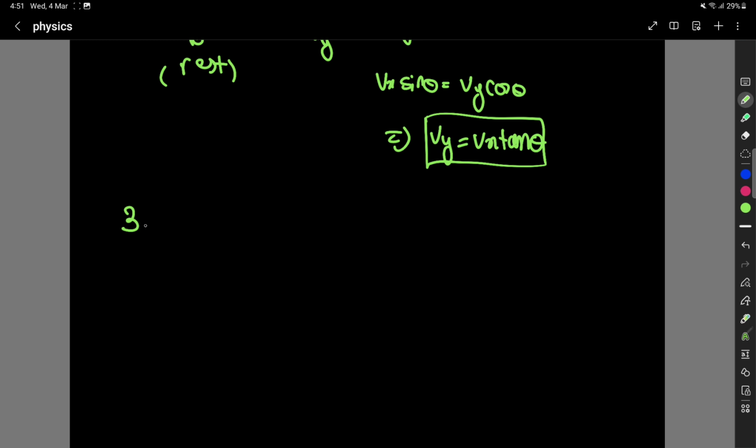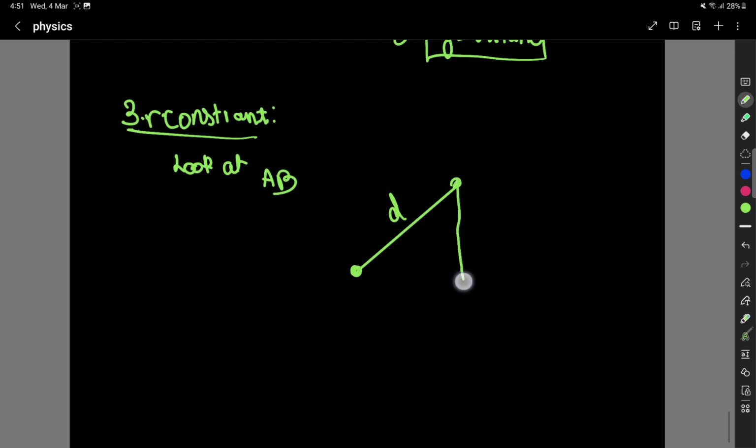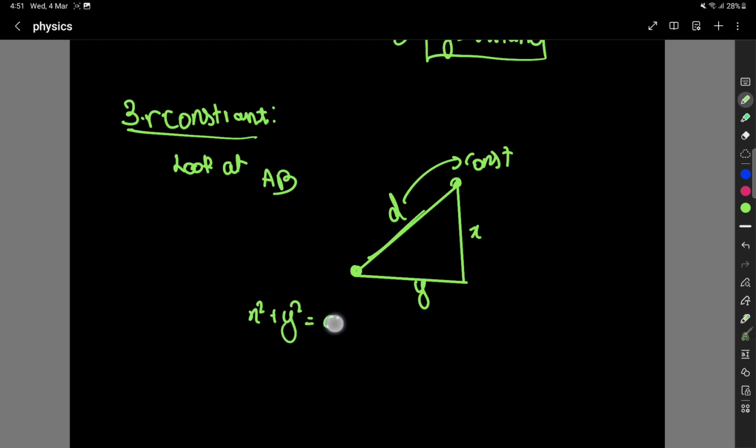Third constraint, look at AB. This length that is given, let's assume this is D. One thing we can clearly see is that D is constant. Since it's a rod, x square plus y square is equal to constant.